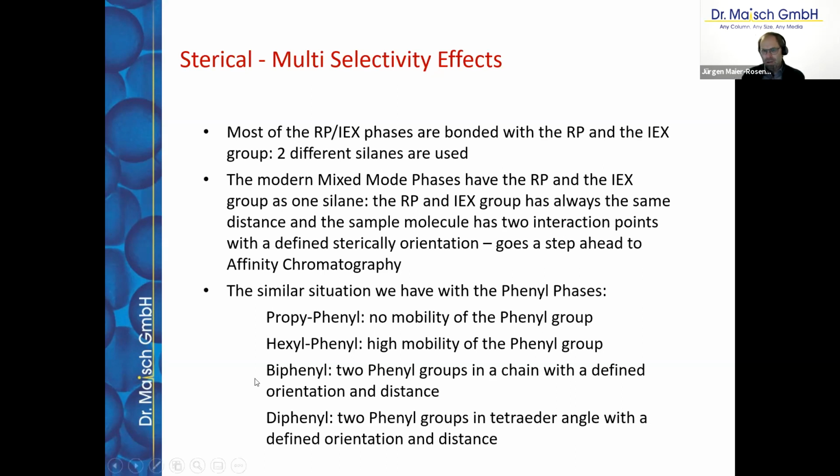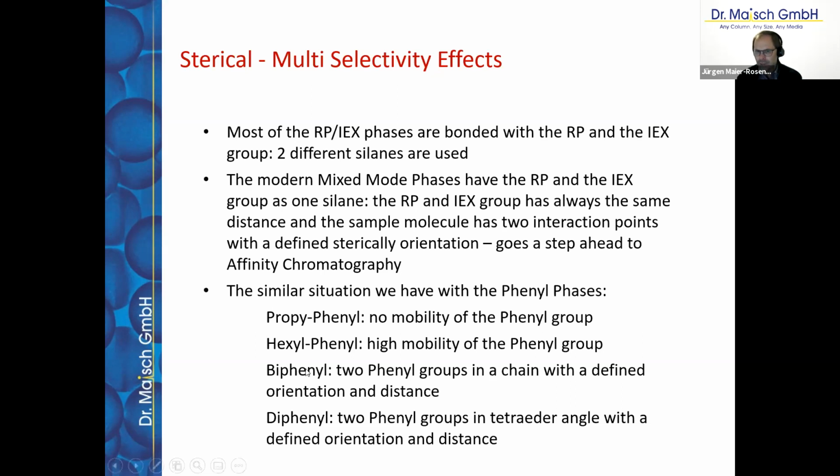And then we have the 2 phases with the 2 phenyl rings. We have the biphenyl, where the 2 phenyl groups are in a chain. And also here, on the surface, we have a clearly spherical orientation of 2 pi-electron systems, which also gives you a maximum of selectivity, because they are always at the same distance and always in the same orientation, and that's also pretty helpful.